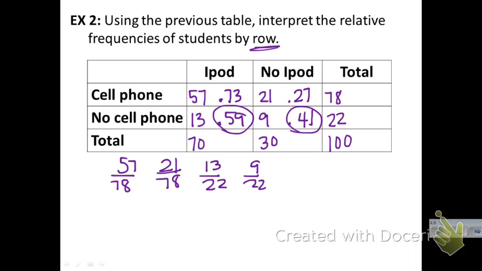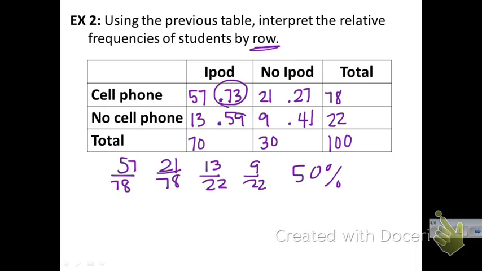Alright, once you have found those relative frequencies by row, then we are going to interpret it. Now, if you remember earlier, I said that if it's less than 50%, there's not a strong association. So I'm looking for one that's greater than 50%, and I see this one right here.